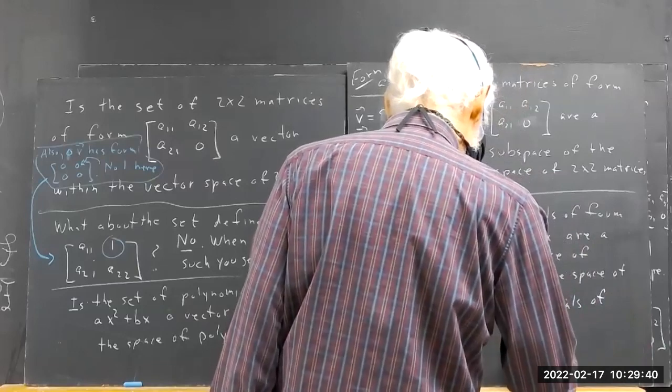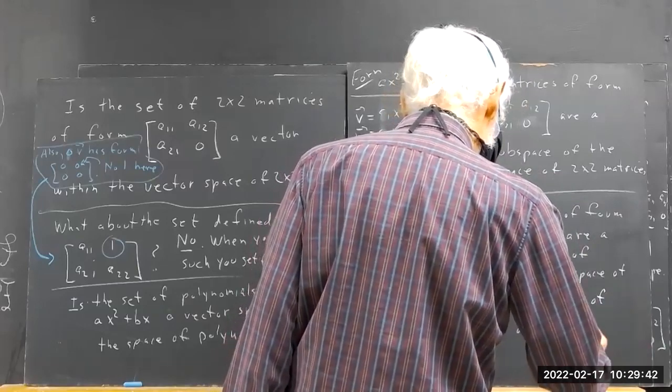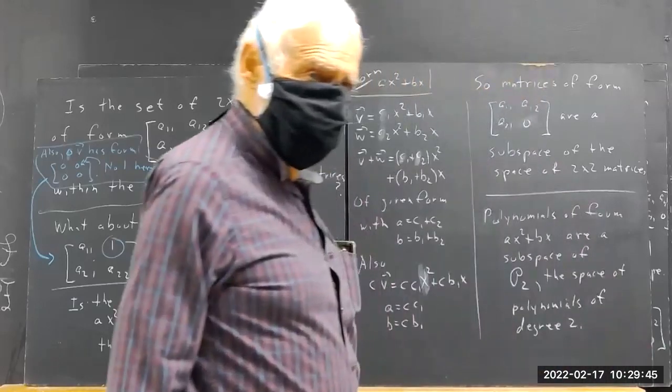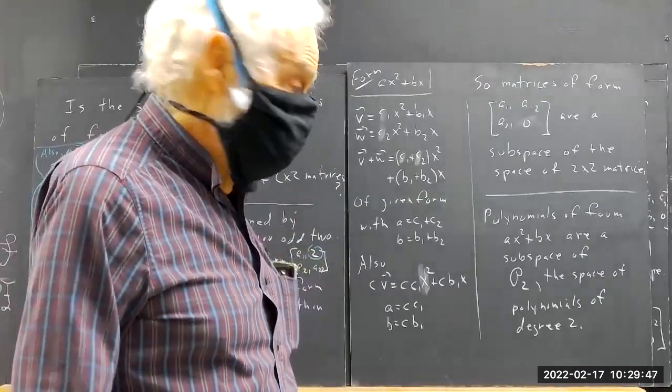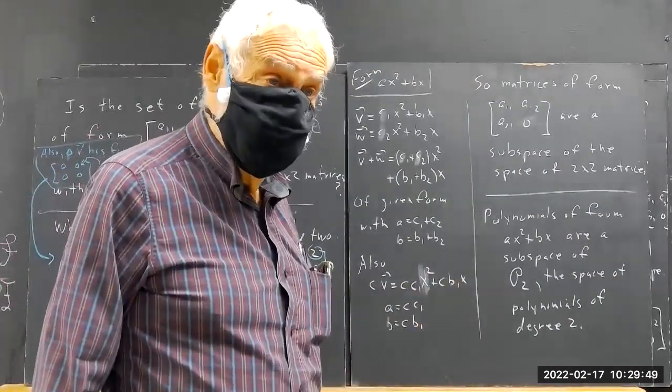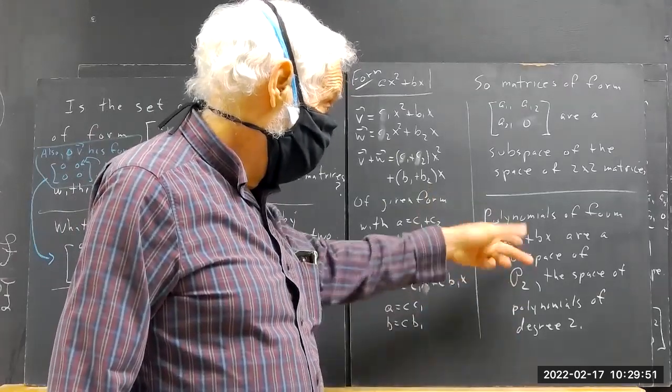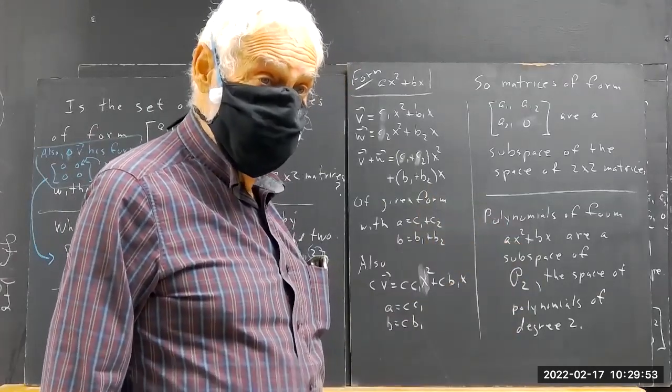And that's the space of polynomials of degree up to 2. Okay, the leading coefficient is 2. I'm sorry, the leading exponent is 2. Okay.